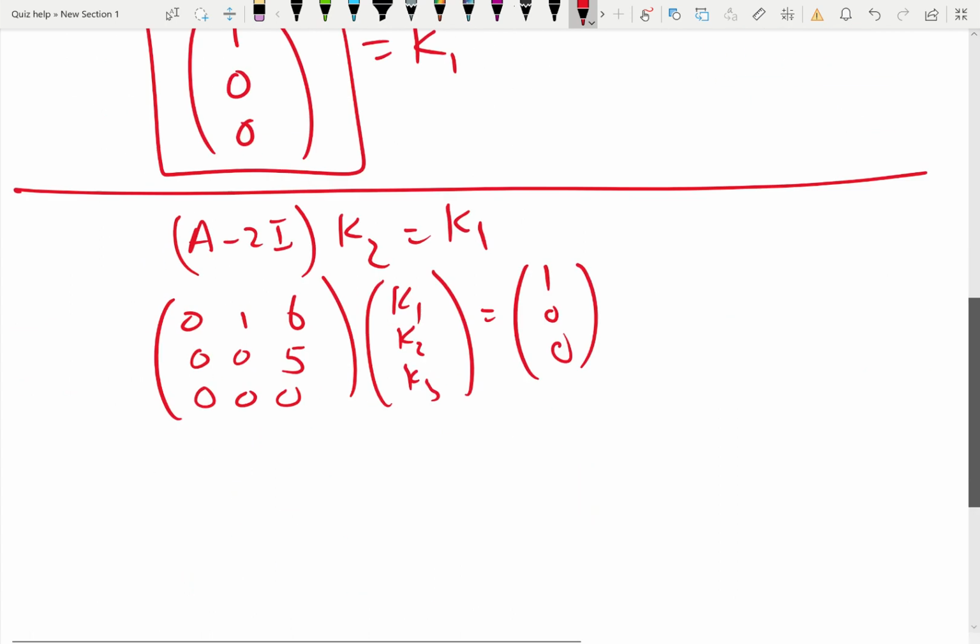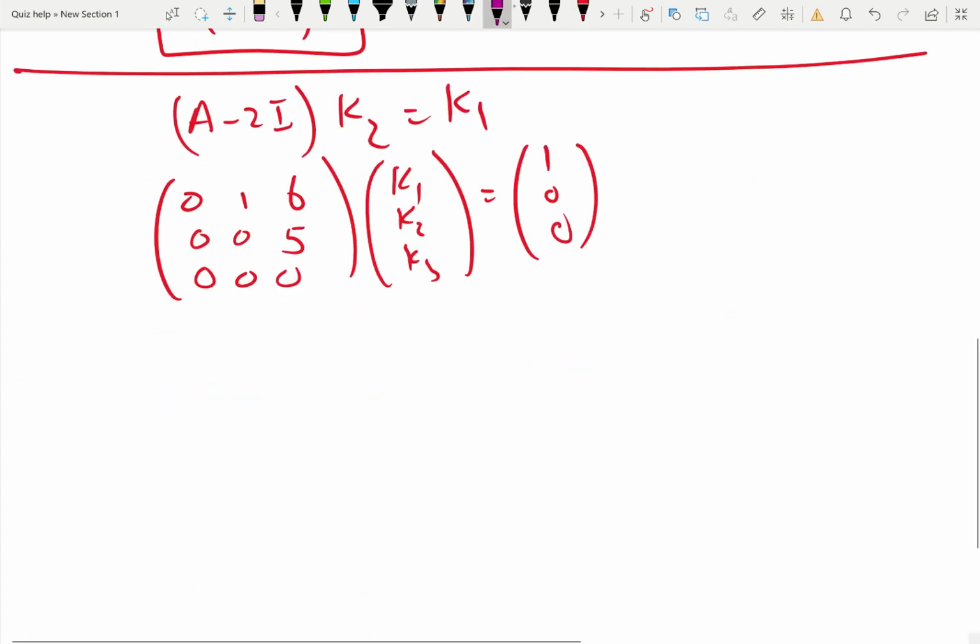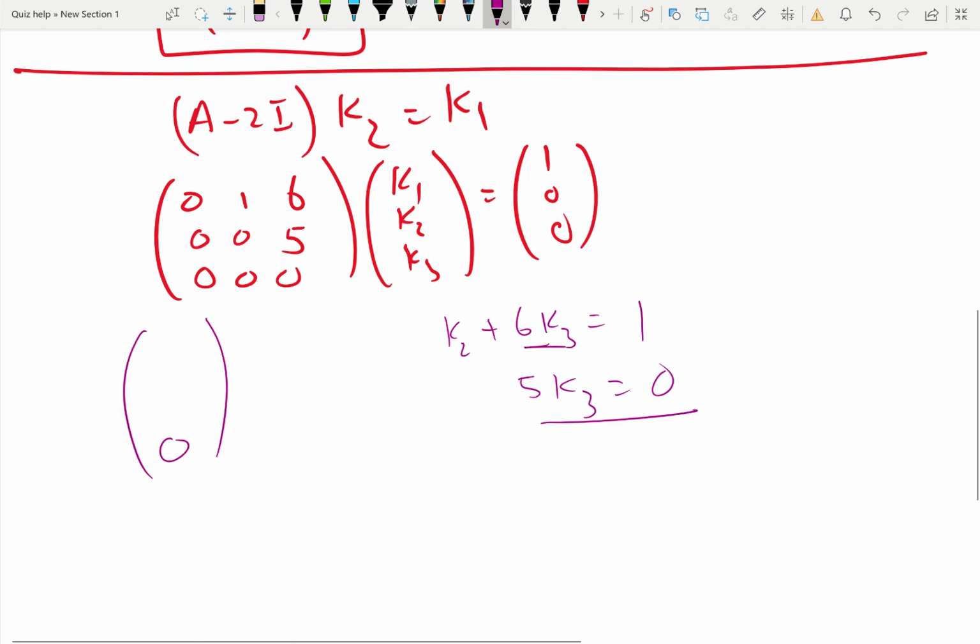Now if we write the equations, K2 plus 6K3 is 1 and 5K3 is equal to 0. So again K3 is 0, and since K3 is 0, K2 will be 1.